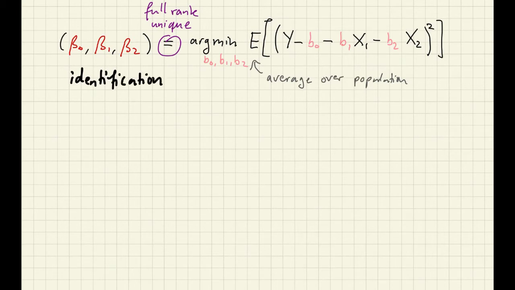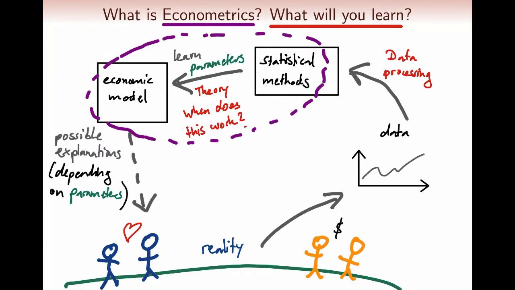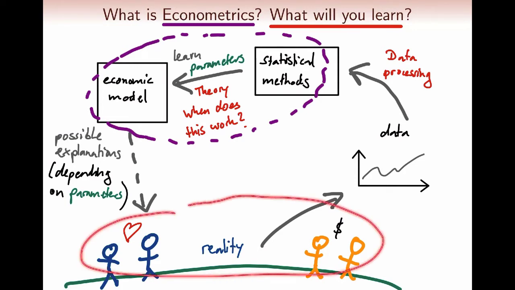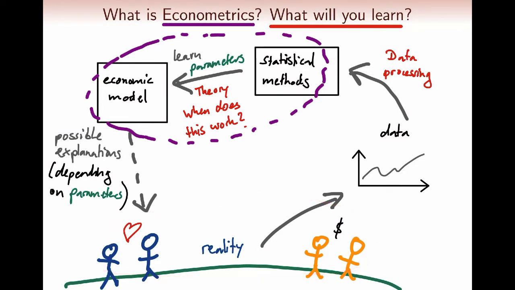Before we continue, let's back up a little and let's remind ourselves of what econometrics is. We're doing econometrics because we're interested in learning about reality. We want to learn about the economy or the society that we are part of. There are economic models that explain economic behavior that apply to a wide range of economies. So the tricky part is, in what kind of economy do we live?